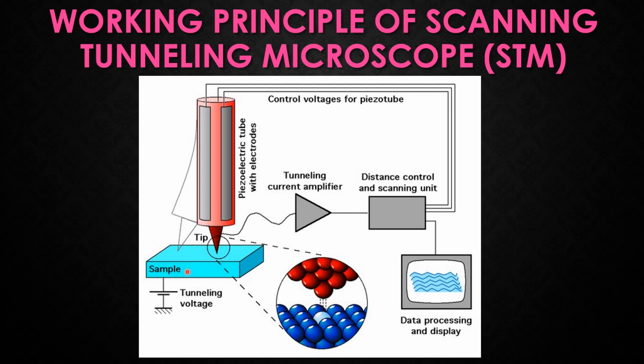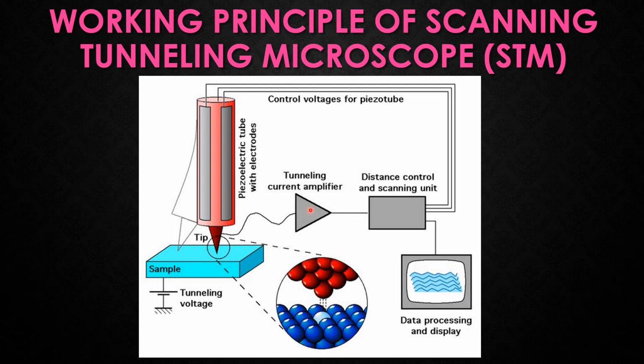At close distance, the electron clouds of the metal tip overlap with the electron clouds of the surface atoms. If a small voltage is applied between the tip and the sample, a tunneling current is generated. The magnitude of this tunneling current depends on the bias voltage applied and the distance between the tip and the surface.